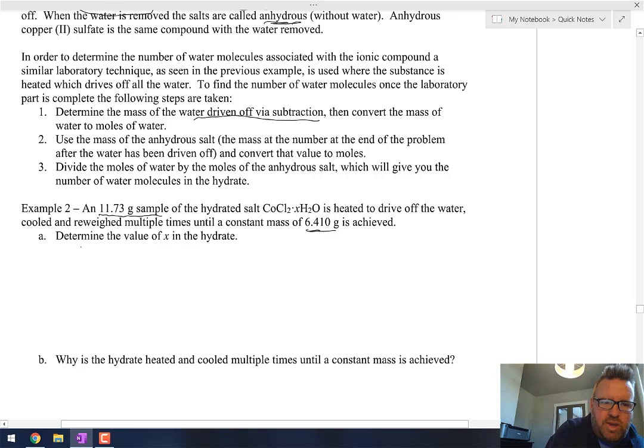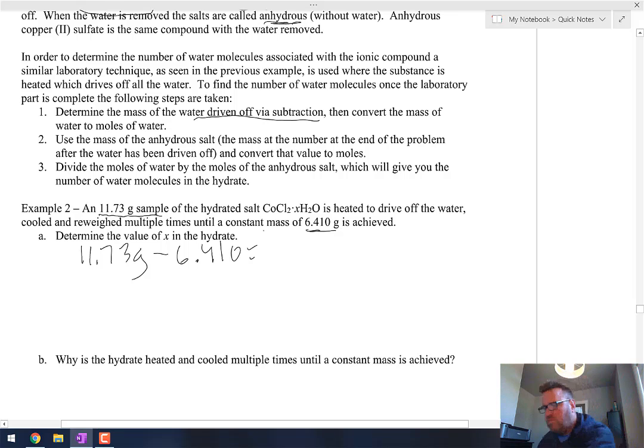So the first thing we can do is take 11.73 grams, and that's the mass with the water, and subtract 6.410, and that will get us the mass of whatever was driven off, which is the water. So 11.73 minus 6.410 equals 5.32 grams, and that's of water.